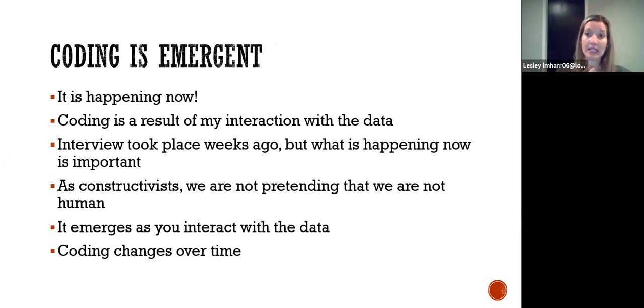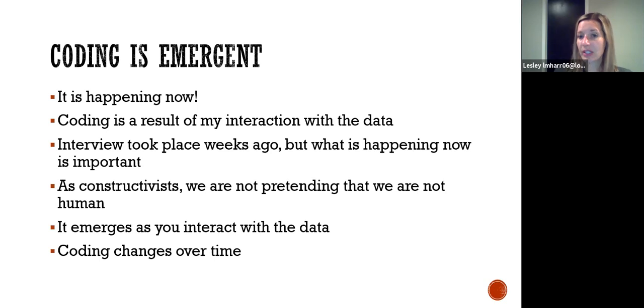I just want to focus on the idea that Kathy Charmaz, because of our constructivist theoretical underpinnings, takes the position that coding is emergent. So it's happening right now. It's happening as a result of our interaction with the data. This interview took place weeks ago, but what is happening now in the data is important. So we take a very presently oriented approach to coding our data.